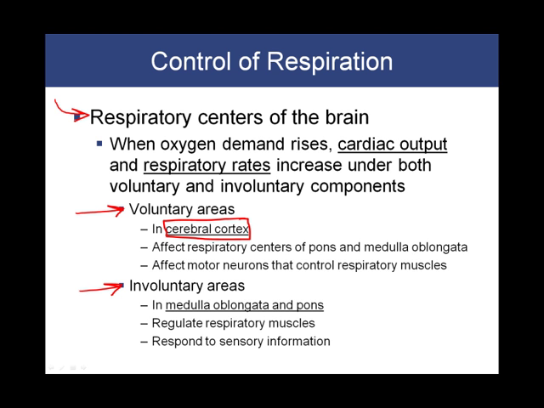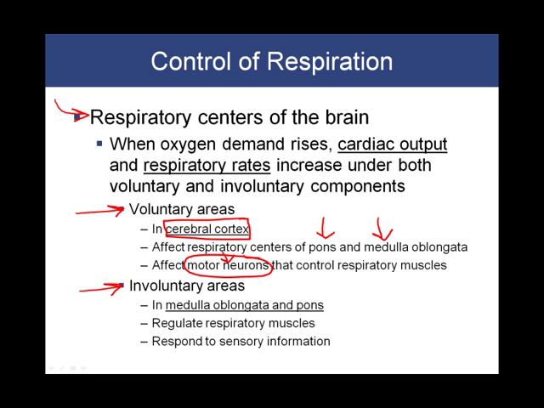These voluntary areas do affect the brainstem, the pons, and the medulla oblongata, and obviously they affect motor neurons. If you voluntarily want to breathe more or deeper, you contract your diaphragm via these motor neurons that control the diaphragm.